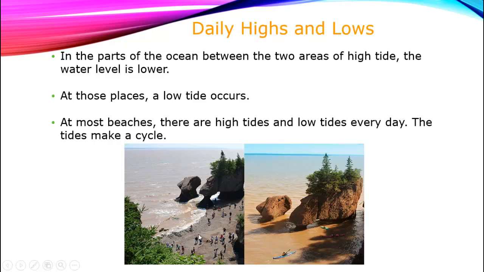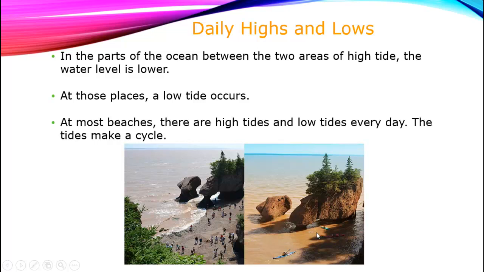So look at these two pictures. This is the same place, but it has different tides. This picture shows us a low tide, where the level of water is lower.